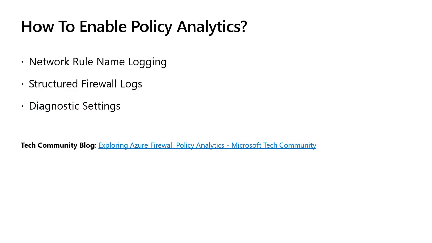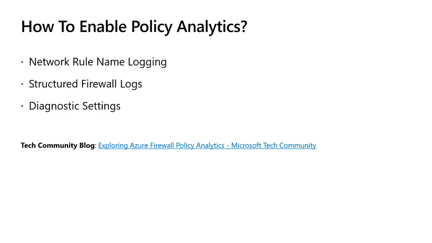So how to enable the policy analytics, right? Assuming you already have the firewall deployed and the firewall policy attached to it, we need to make sure that we have three items ready for the policy analytics. The first one is the network rule name logging enabled.